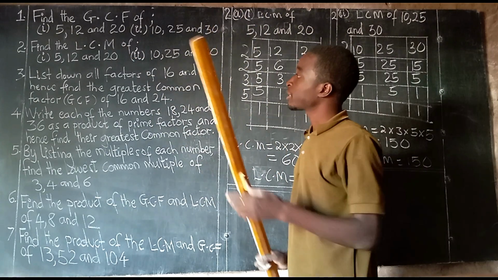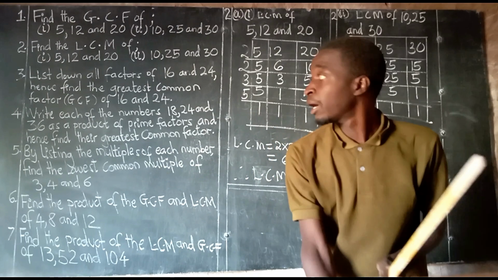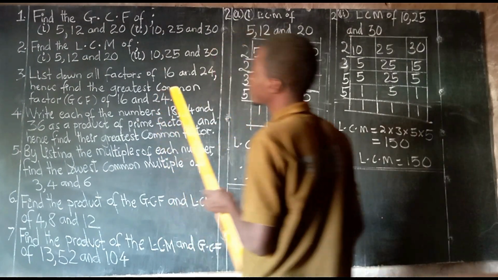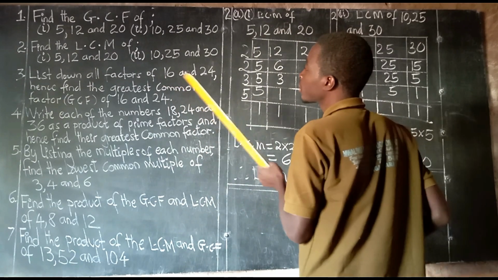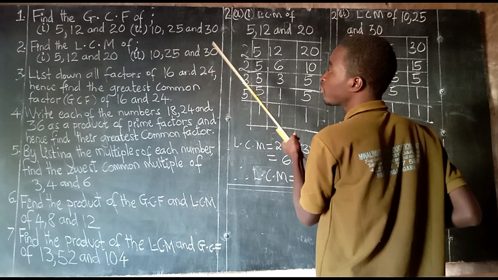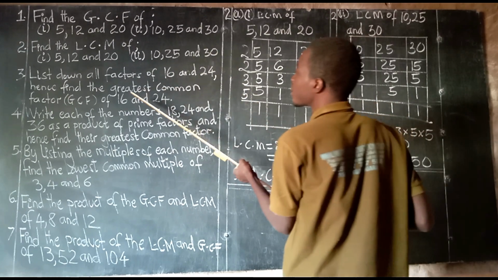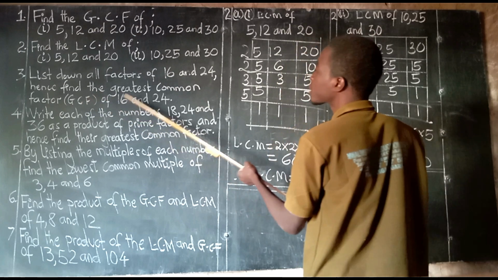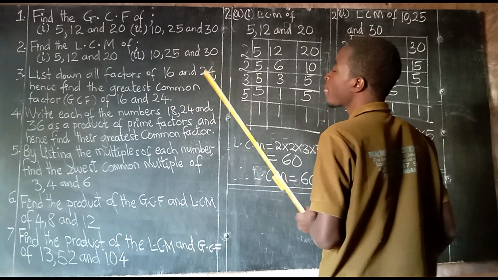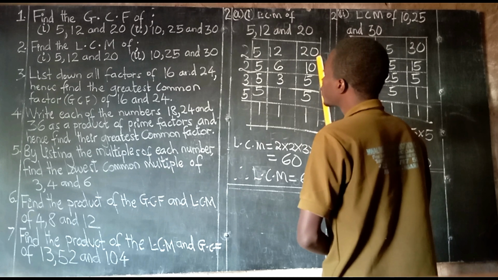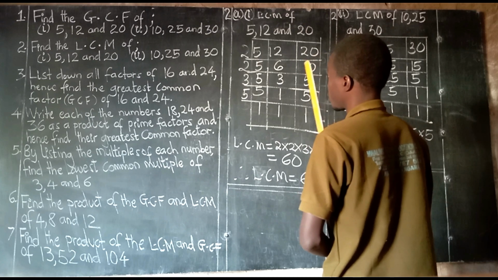The third question states: list down all factors of 16 and 24. Hence, find the greatest common factor, which is the GCF of 16 and 24. Now, in this question, you are going to use another approach.